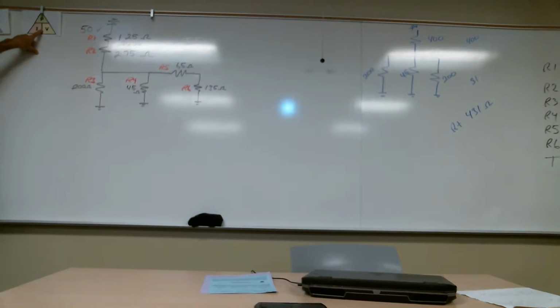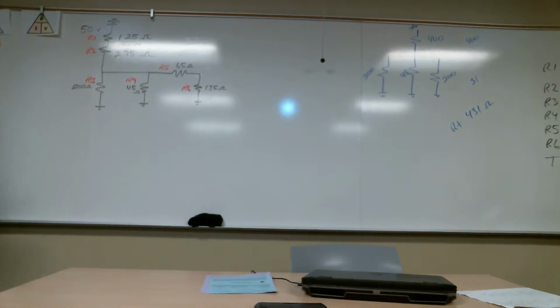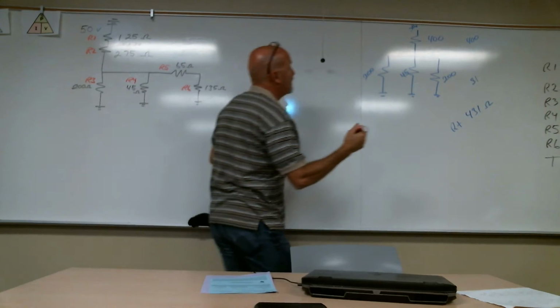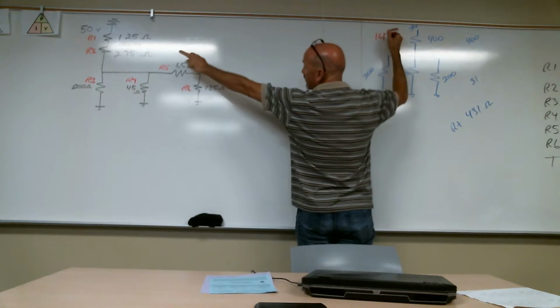Current times resistance, we're after voltage. Yes, you have the total current for up here. So current times resistance will give us 14.5 volts for R1.